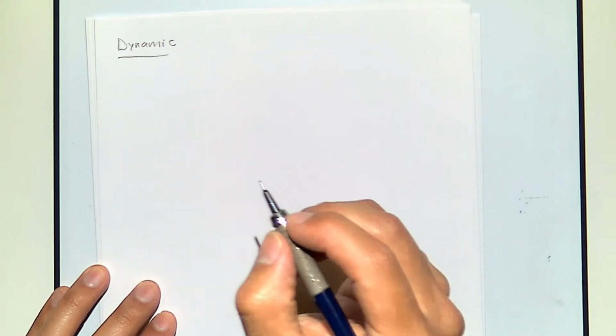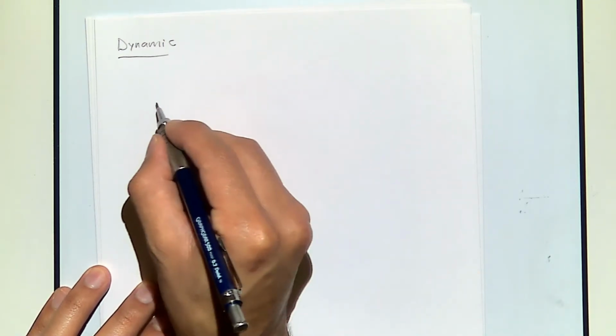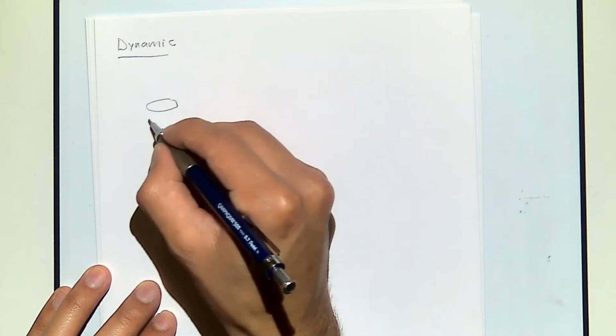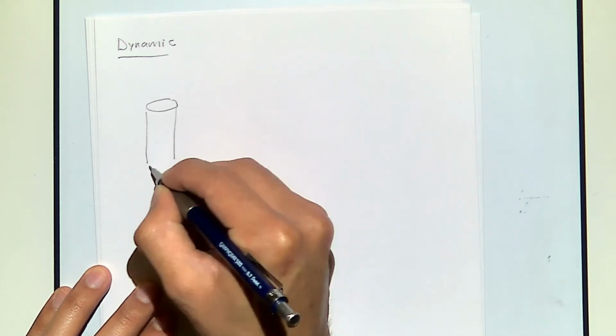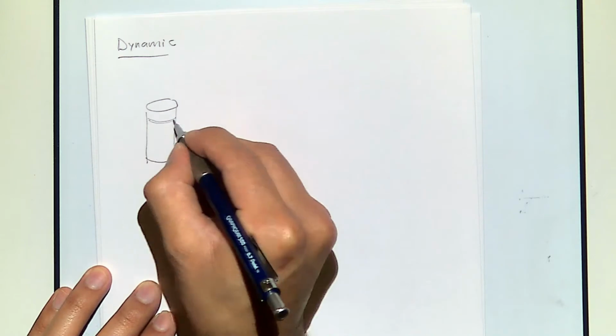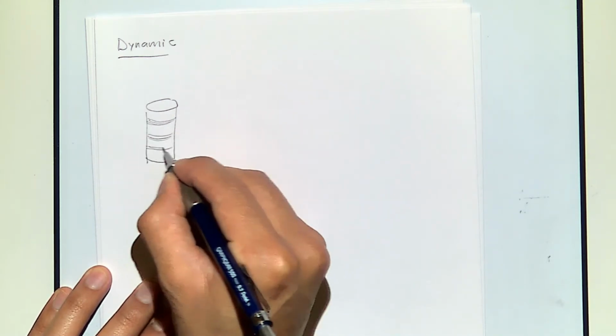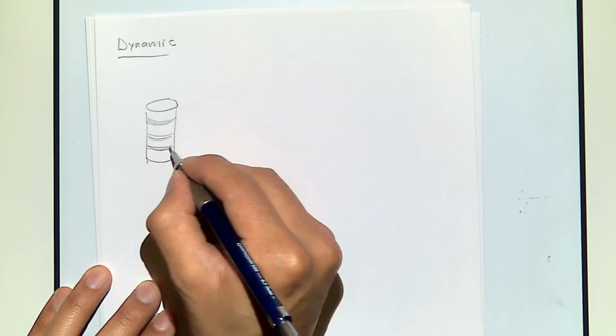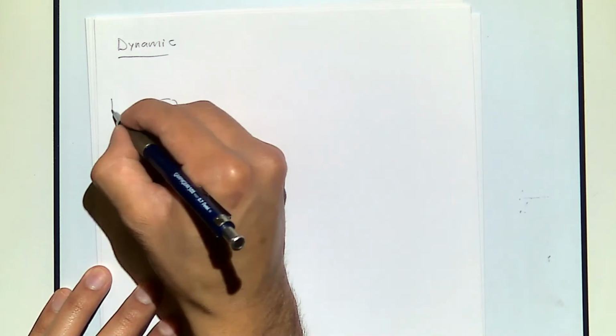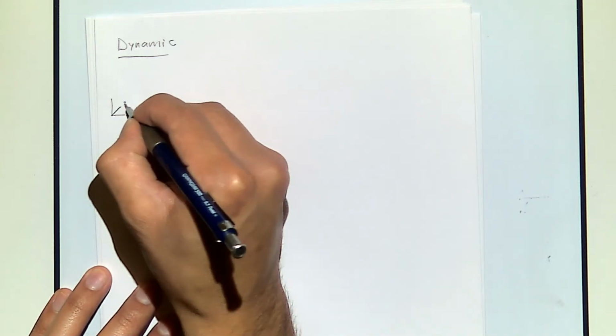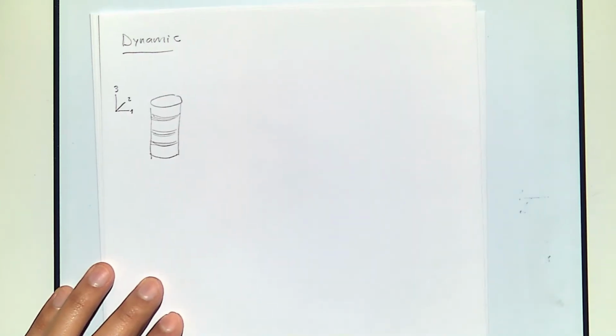All right, so for the dynamic one, again, we're going to get a sample drilled vertical with respect to bedding. We have 1, 2, and 3.